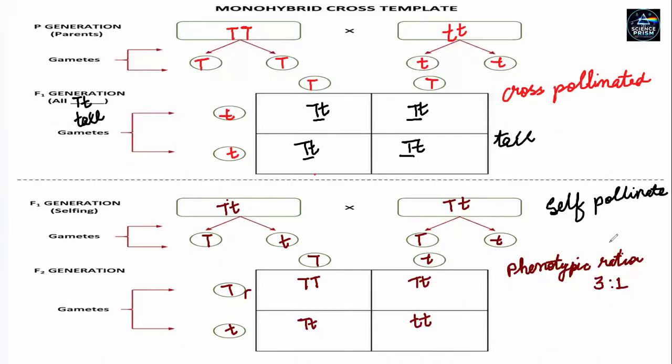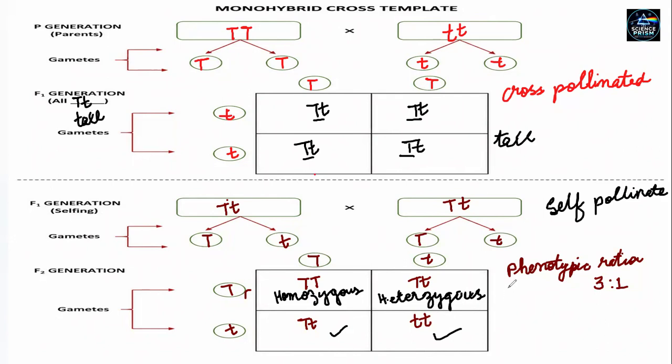One I will write and then I'm sure you'll be able to get it. This is homozygous, and this is tall. This is also, but these two are heterozygous, both of them. Okay. And same is the case with this also. This is again homozygous.